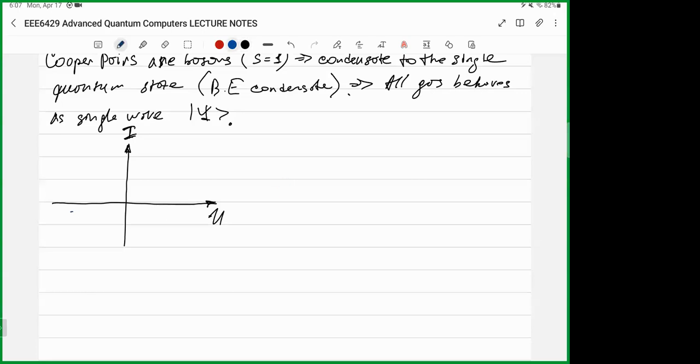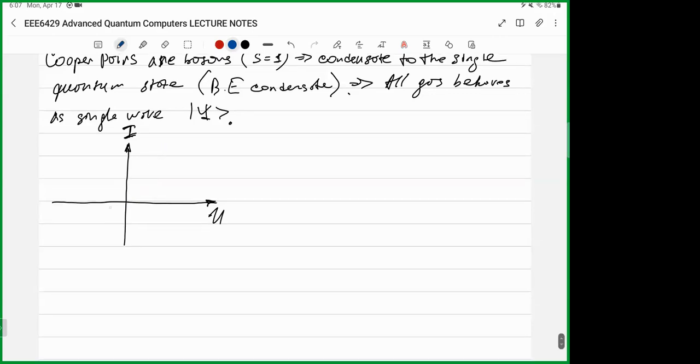We would get something like this, very schematically. So we get a linear part of the characteristic and then a very nonlinear part.